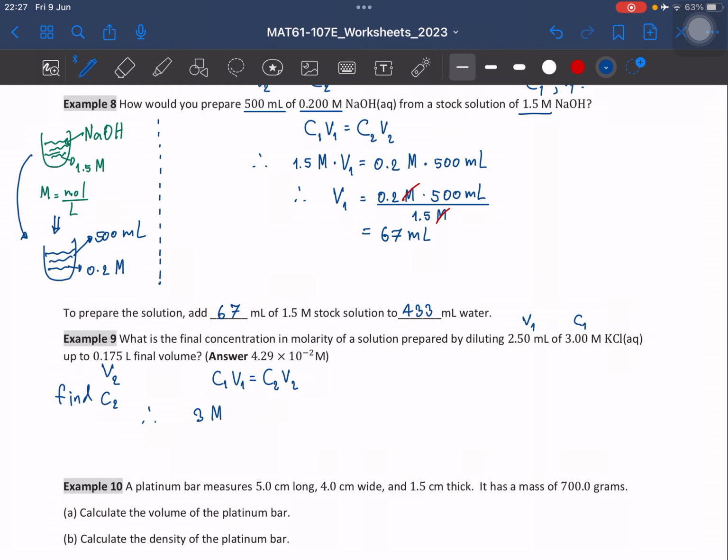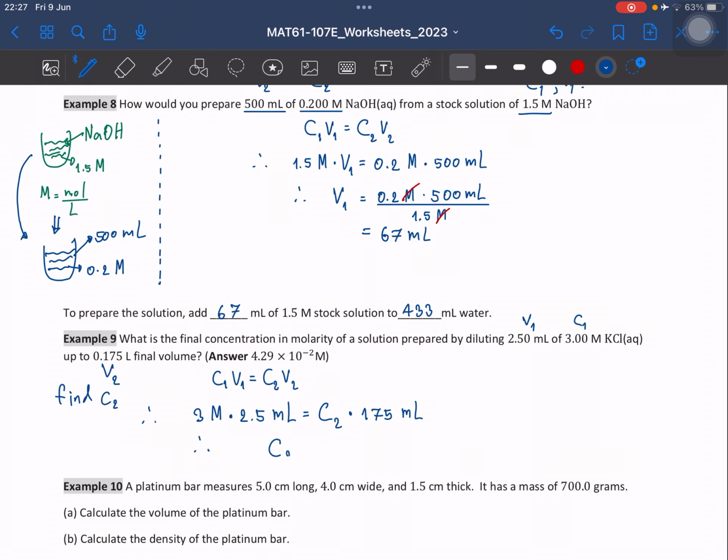Therefore 3 molar times 2.5, the unit is milliliter, equals C2 times V2. We use milliliter, so I think you should change V2 to milliliter as well. So we have 0.0175 liter, sorry, 175 milliliter.